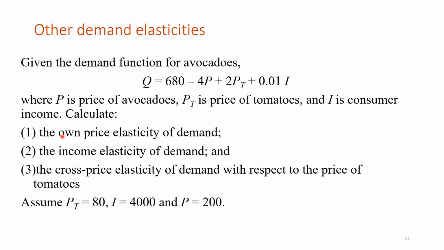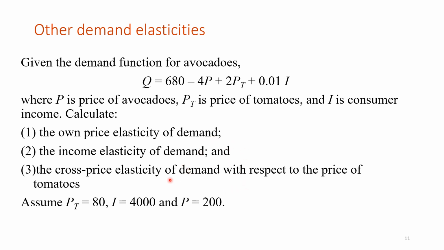We can calculate the own price elasticity of demand, the income elasticity of demand, and the cross price elasticity of demand with respect to the price of tomatoes. So assume that the price of tomatoes is 80, income is 4,000, and P is 200. I'll give you some time to calculate each of those.